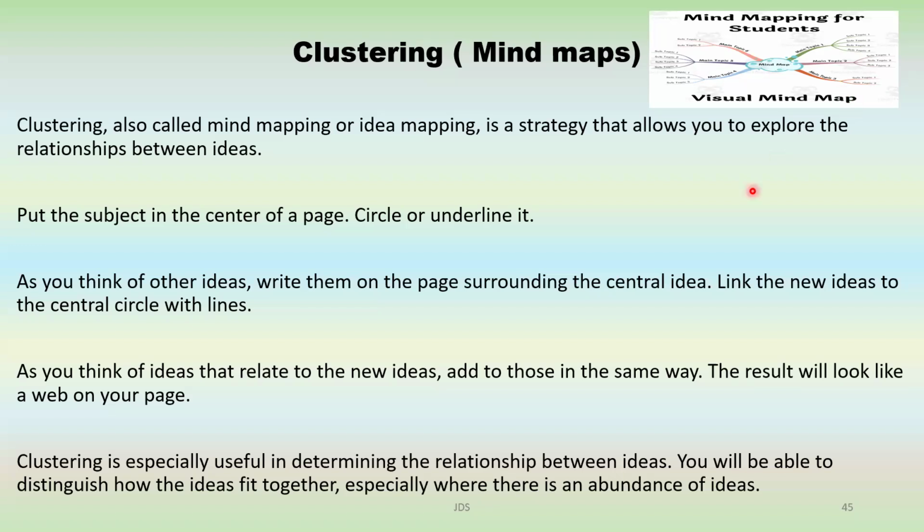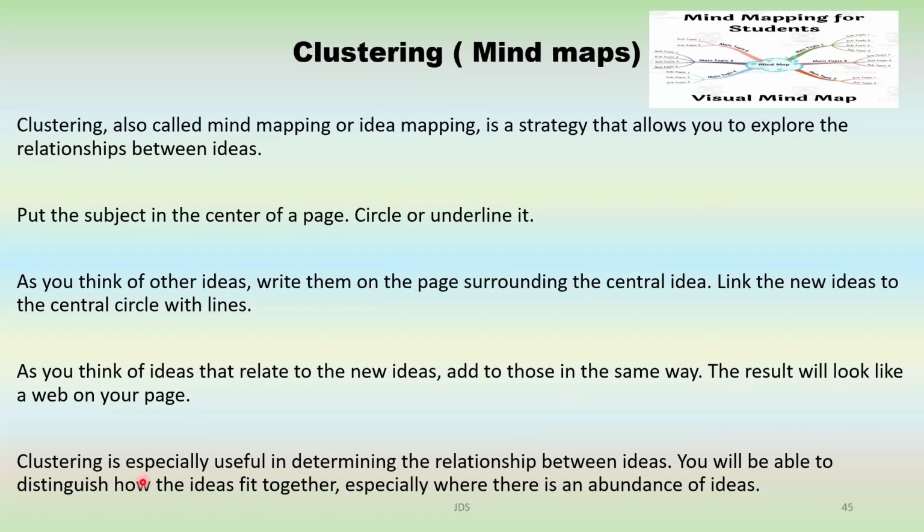Or advantages. Likewise, you can ask them to focus only on one particular strand. The result will look like a web on your page, right? So the spider web like.